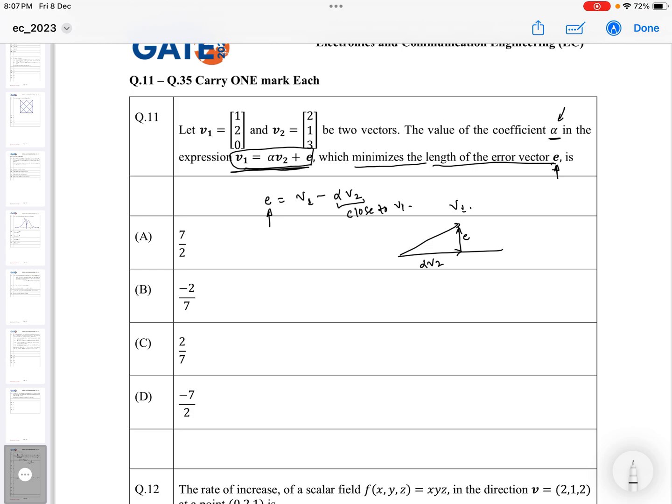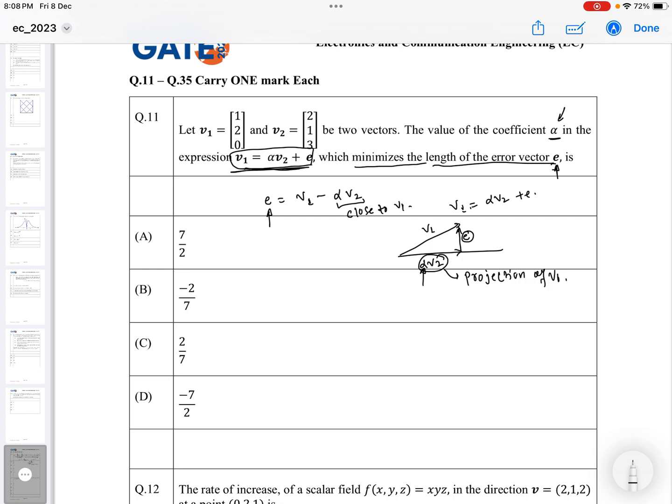According to the law of addition of matrices, v1 will be alpha v2 plus e, right? If we want this error to be minimum, then alpha v2 is nothing but the projection of v1, right? So this alpha we will have to find.